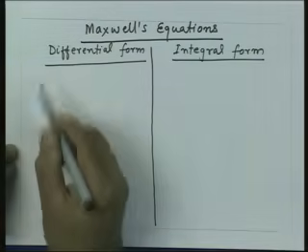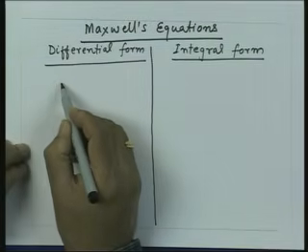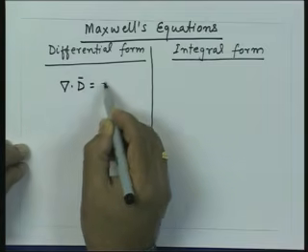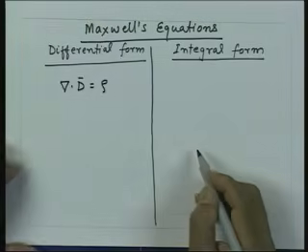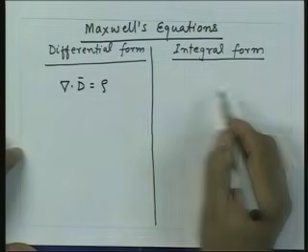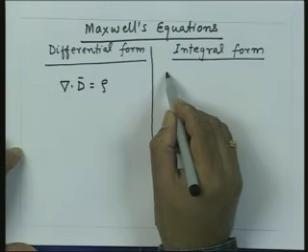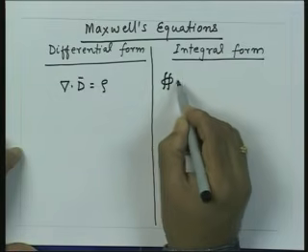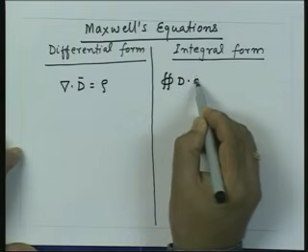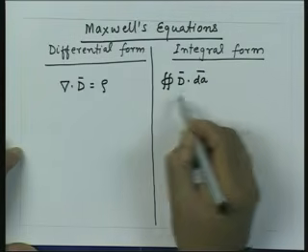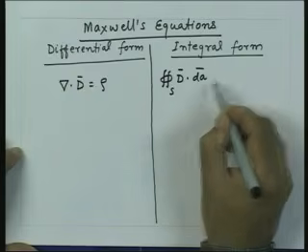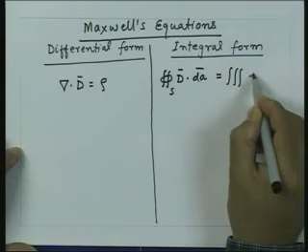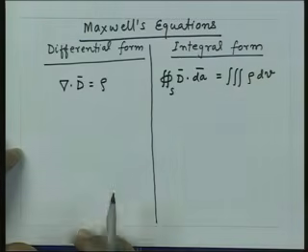The first equation, which is the Gauss law, gives del dot D equals rho. The same equation written in the integral form says that the integral of D dot dA over the surface is equal to the integral of rho dV.